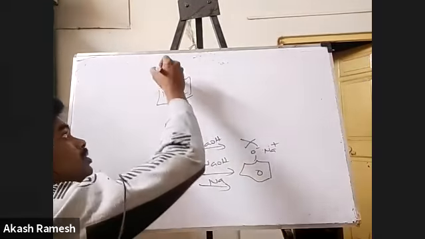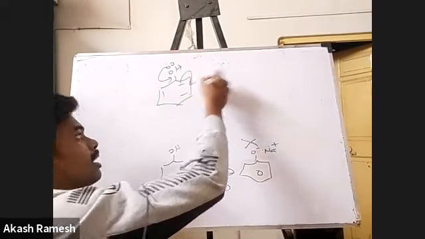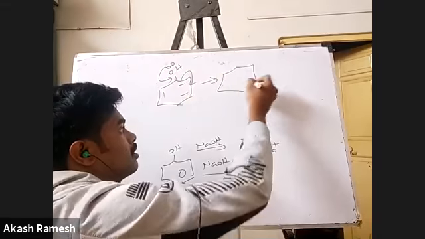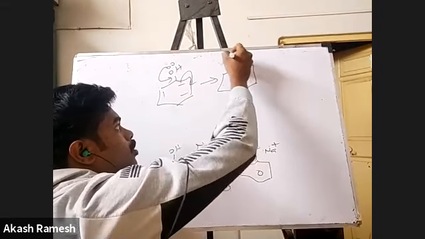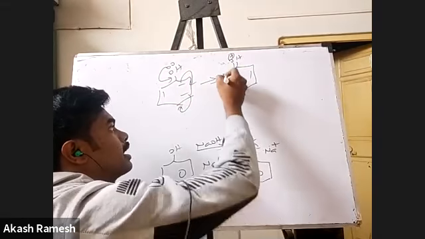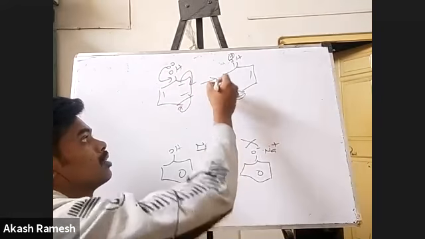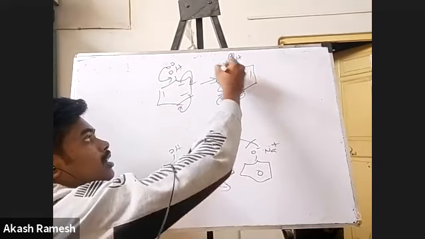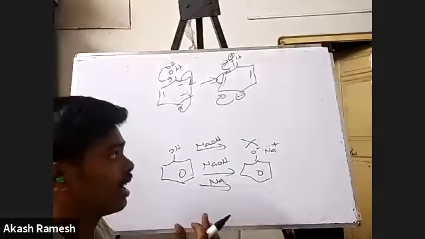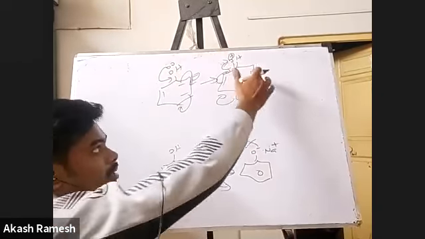Now what you will see is that a negative charge will come here, and I can make this bond here, a double bond with OH plus. Now this bond would have broken, and a negative charge comes here. What is the next step? This will go here, this will go here, and this will go here. So there will be a negative charge formed here first, and then the bond will be formed.